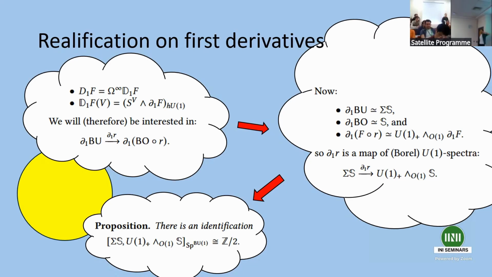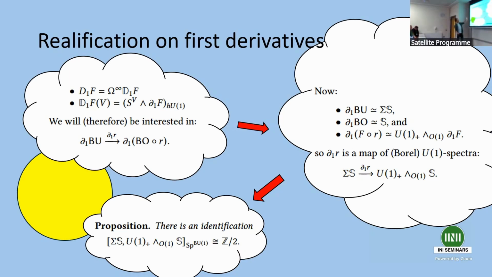Many people have written down formulae like this in different contexts, but the unitary version of it for first derivatives is that there's a spectrum called partial 1 of f that you smash with this guy. I can never remember whether it's the 1-point compactification or the regular one, but it's one of these things, and then you take the U1 homotopy orbits, the formula that Christine was spelling out the intuition for this morning.